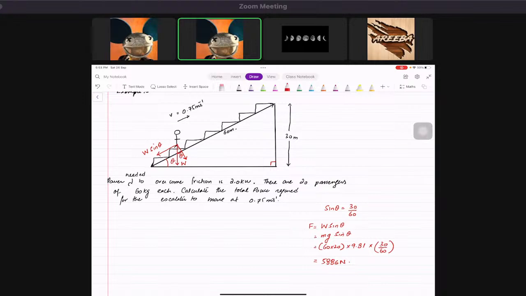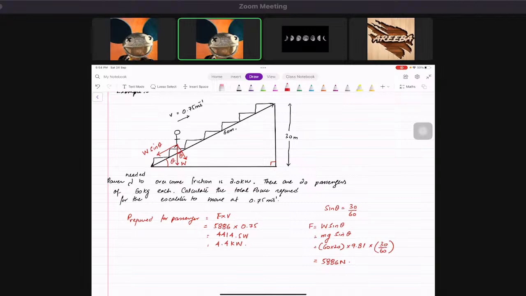Marisha and Ariba, any questions? No, sir. Okay. Now the power required for passengers would be equal to force times velocity. You already know how much force is needed to raise these passengers to the top, and the velocity is 0.75. So that's going to be 4414.5 watt, which is basically 4.4 kilowatt.